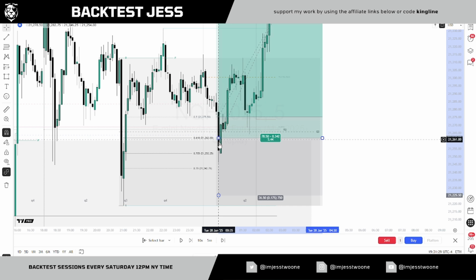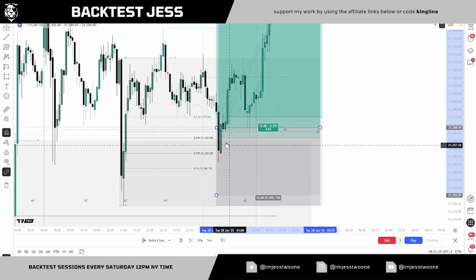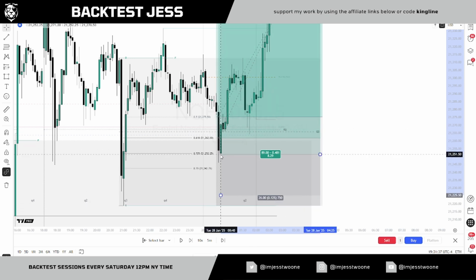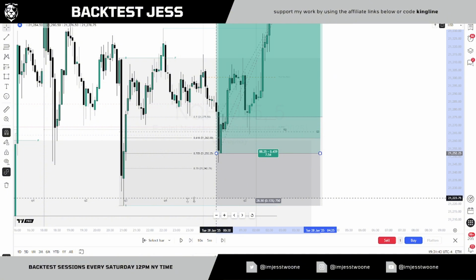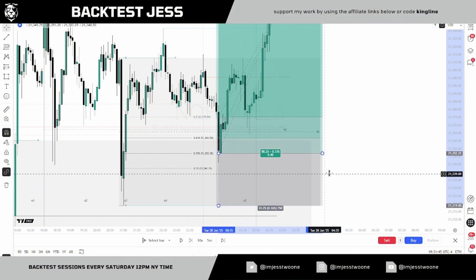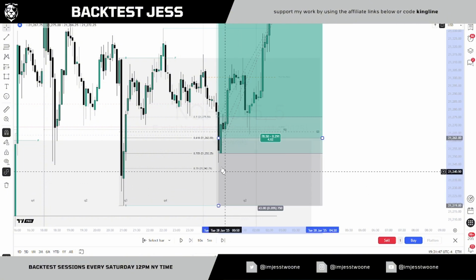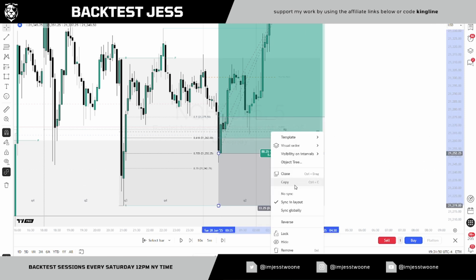2-0. So it's going to be overlapping and confusing. $25. Oh, wrong candle. And then the last one.